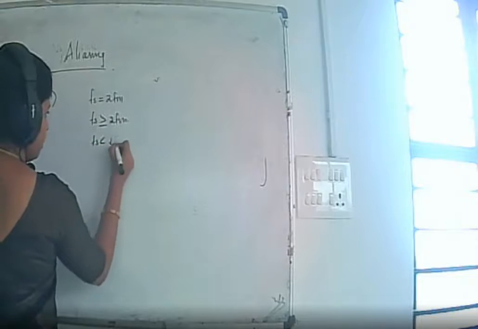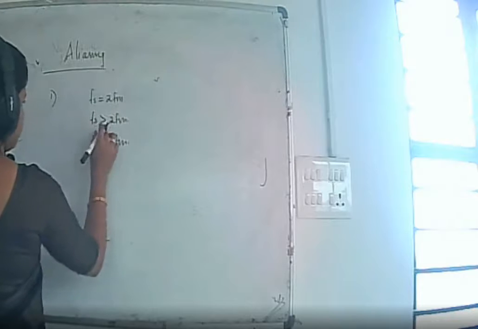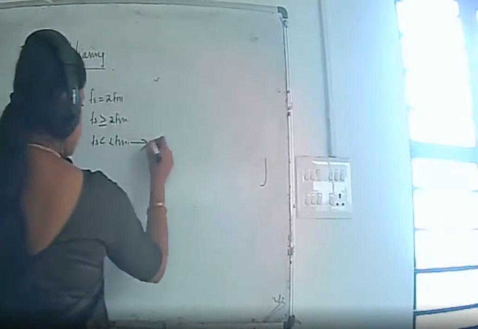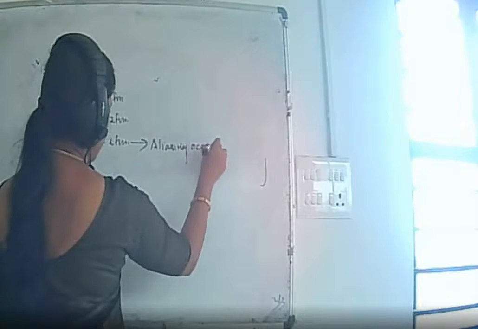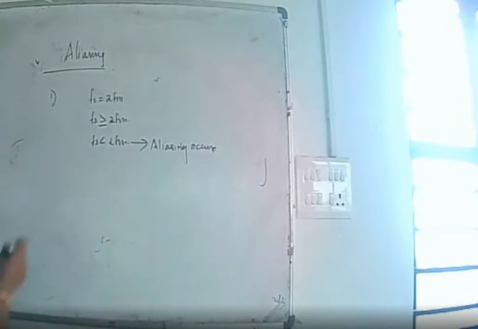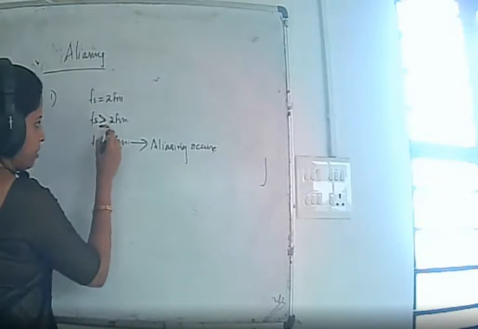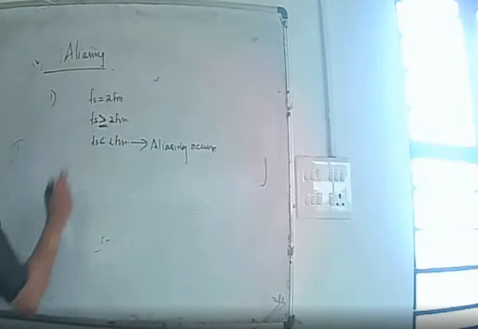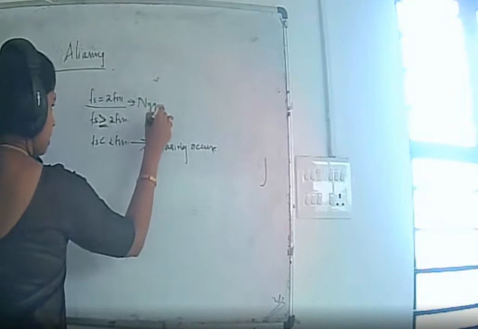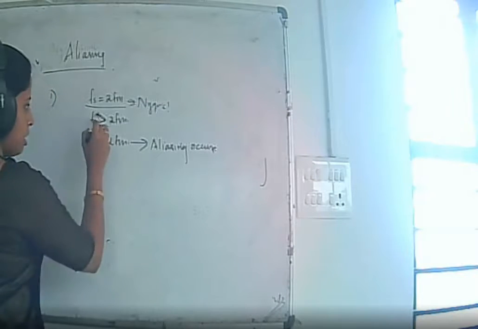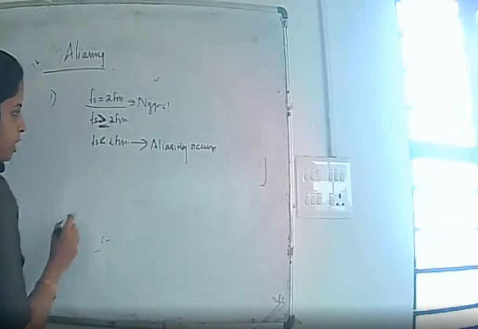The cases are Fs equal to 2 Fm, Fs greater than 2 Fm, and Fs less than 2 Fm. If Fs is less than 2 Fm, aliasing occurs. If Fs is equal to 2 Fm, this is the Nyquist criteria or Nyquist rate.